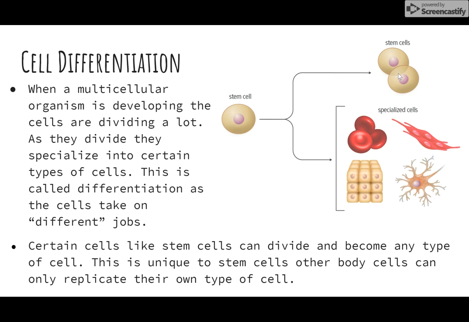And we're trying to figure out how stem cells have this ability. Because once a specialized cell is formed, it can only ever make that type of cell. So, like, take a skin cell here. A skin cell, if it divides, it's just making more skin cells. It can't then become a neuron.